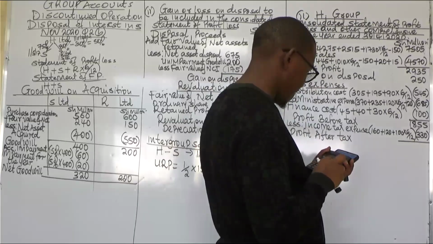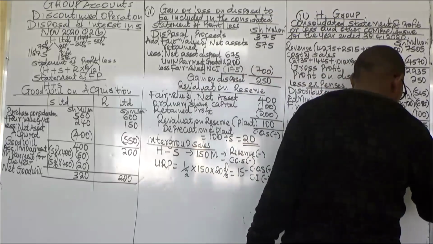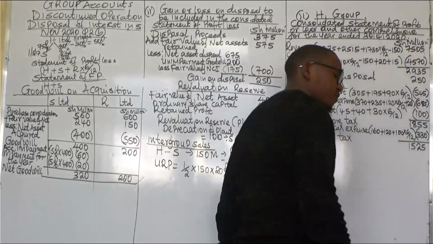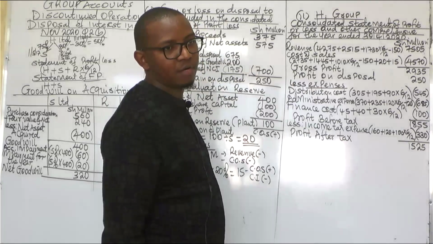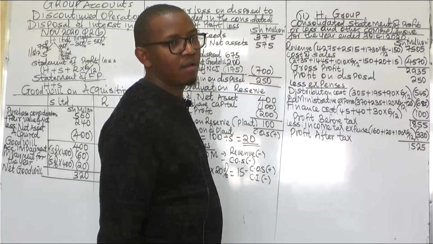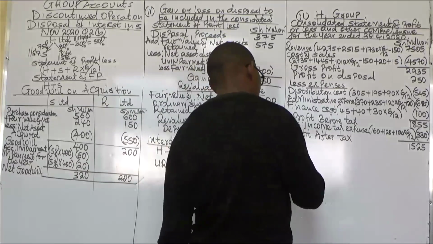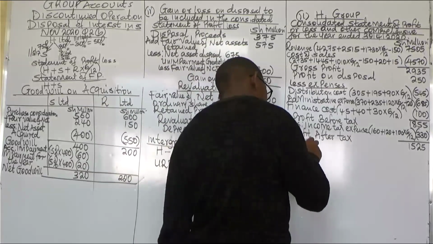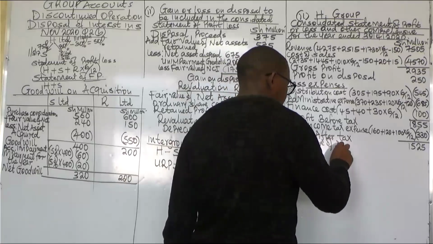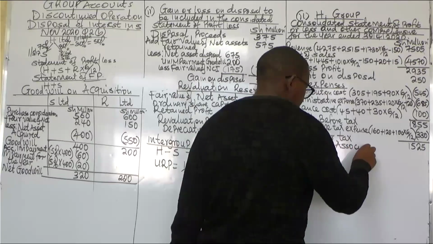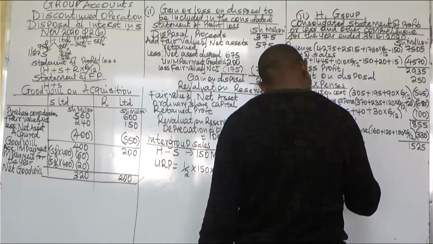Minus 330 will be 15, 20, 25, right? 15, 25. I will add the share of associate. Share of associate profit.